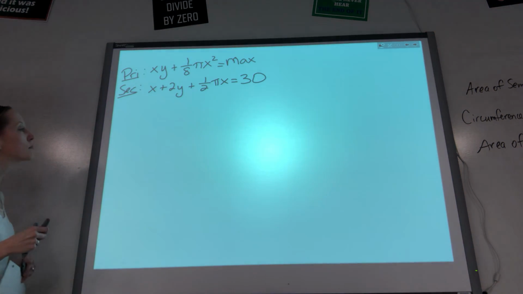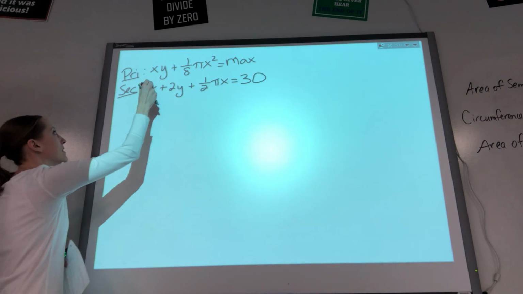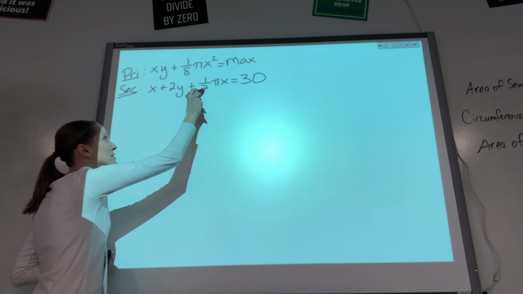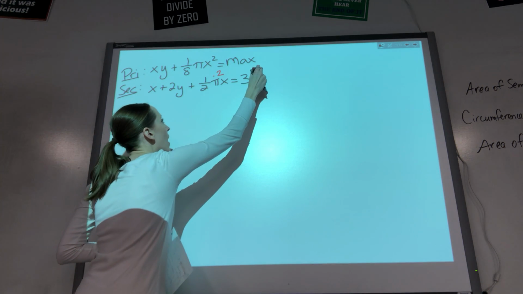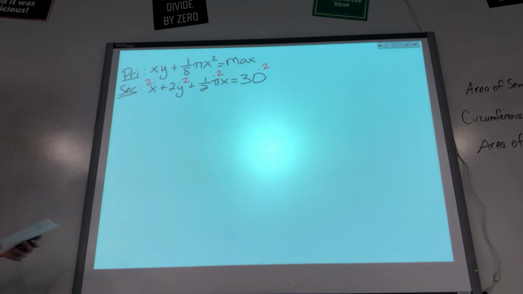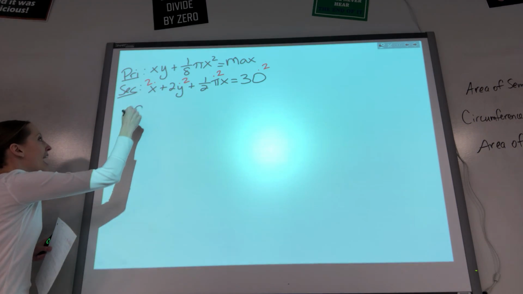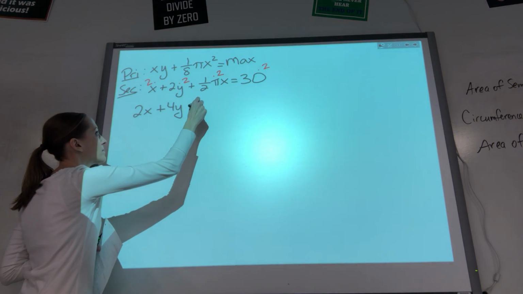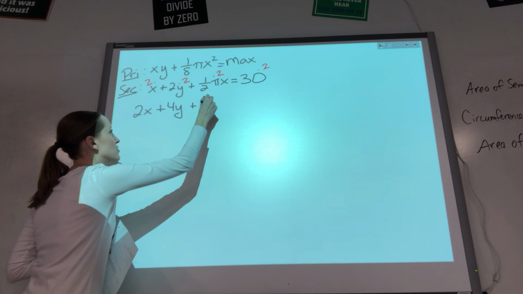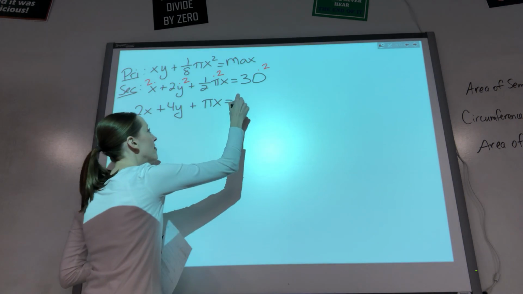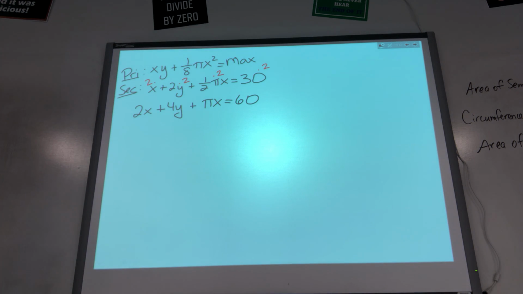I think that's going to cause some problems later on. So here's a little trick that I'm going to do. To get rid of this fraction, there's a 2 on bottom. So I'm just going to go through real quick and multiply everything by 2 just so I don't have to work with fractions. And that'll give me 2x plus 4y plus, now it's just a 1 pi x. I'm just writing pi x, and that equals 60.